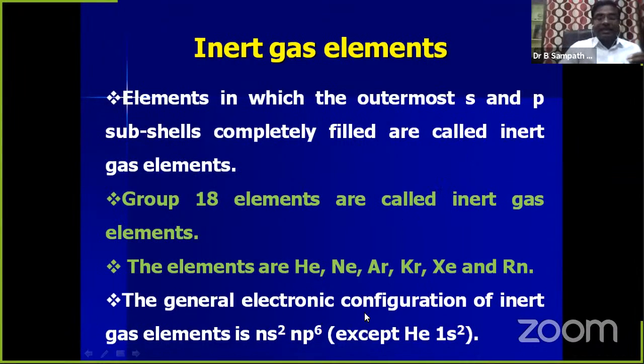The general electronic configuration of inert gas elements is ns2 np6 except helium. Why except helium? Helium is only 1s2. It does not have the p orbital. That's why this is the only exception. Except helium, all have the general outer electron configuration ns2 np6.